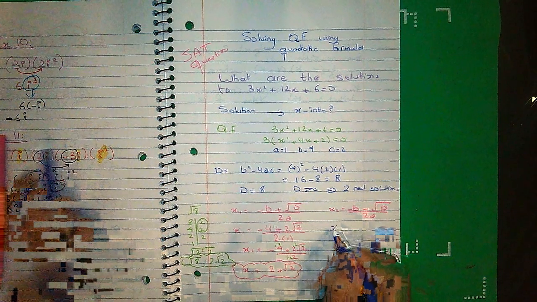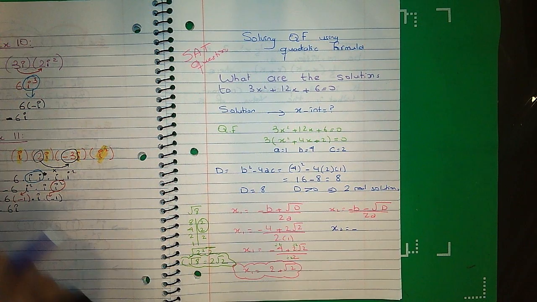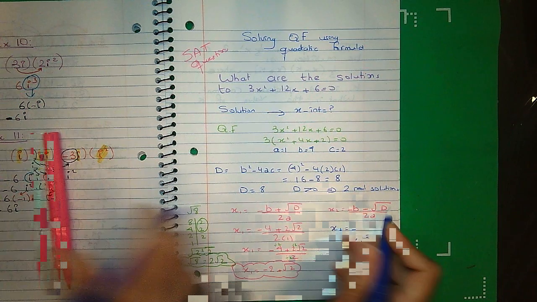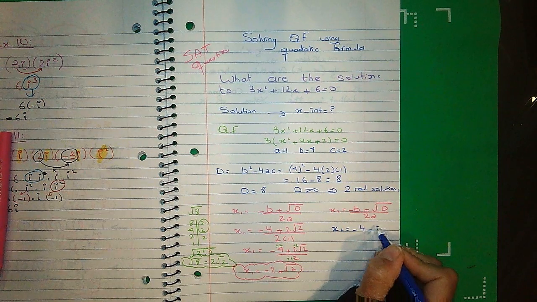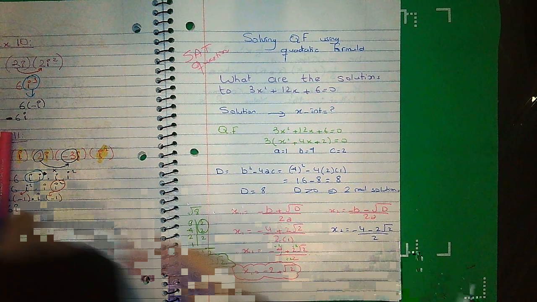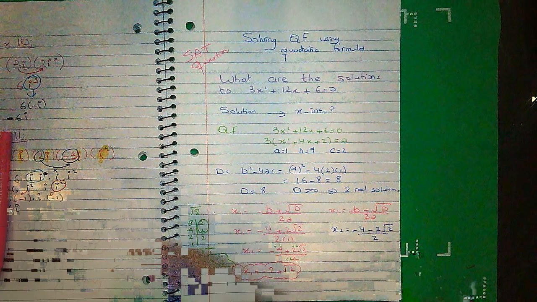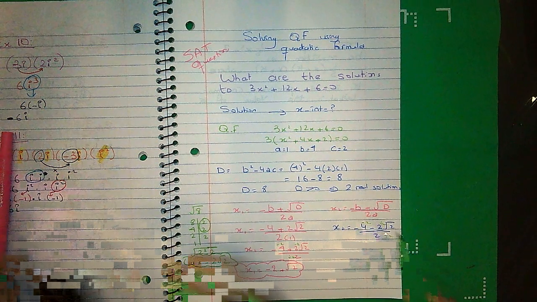The second one, x2 equals negative, oh I'm sorry, here I missed the negative. Negative 4 minus 2 square root of 2 over 2. Then I'm going to divide all of the terms by 2.